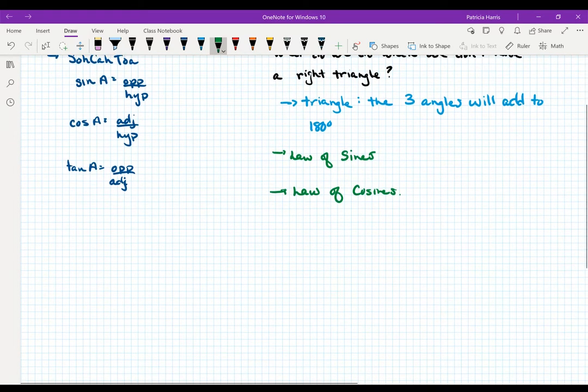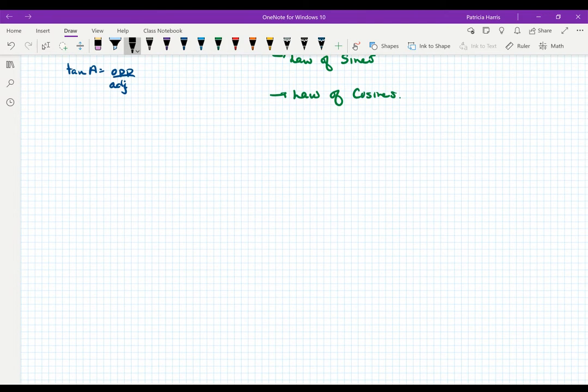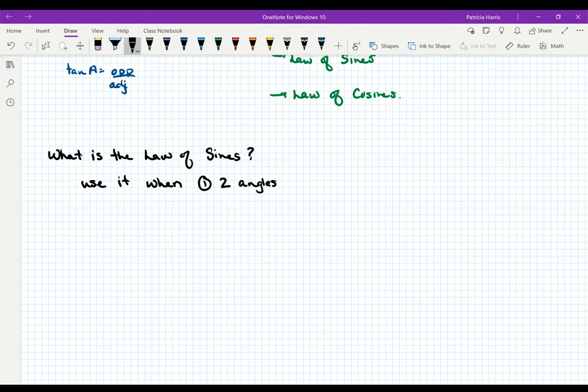So let's write down the law of sines. Okay, so the law of sines, what you're gonna do is you're gonna use it when you know two angles and one side.